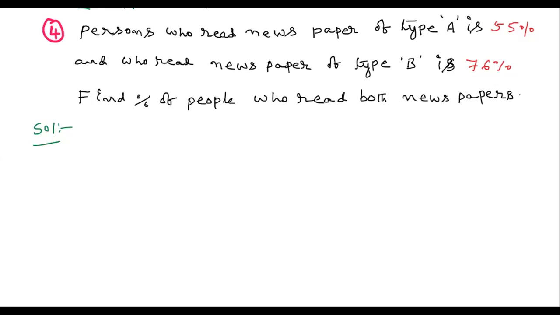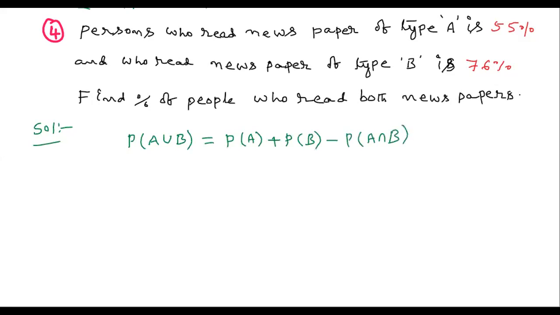Then find who read both newspapers. That means use the formula P of A union B. What is the formula? P of A plus P of B minus P of A intersection B. So here we need to find P of A intersection B.